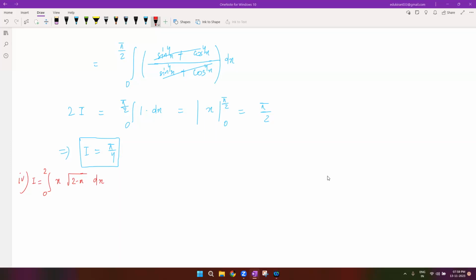Then let's start. How can we replace x? 0 plus 2 minus x. So replace x with 2 minus x. This is the first equation. My second equation will be from 0 to 2, this x will become 2 minus x, and the root will become 2 dx.